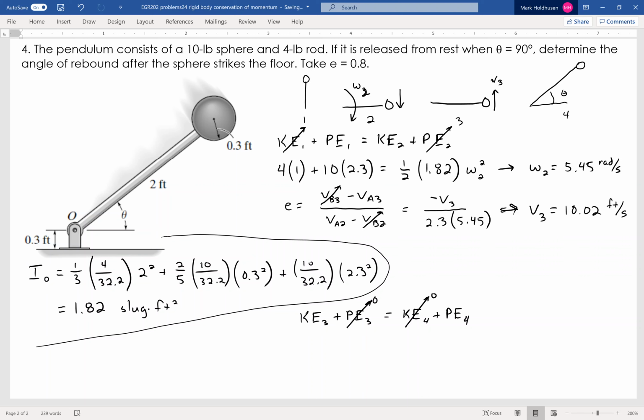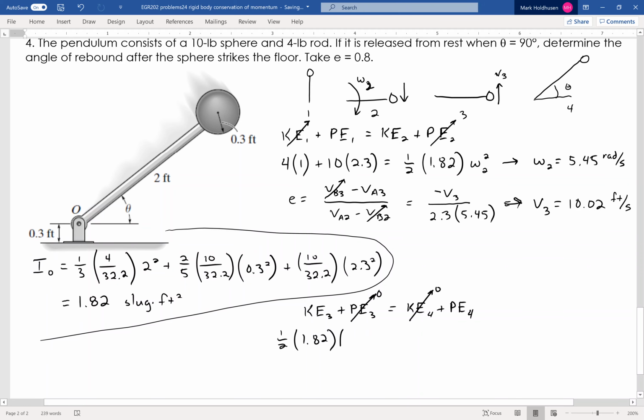So we'll start with KE3, which again is going to be 1/2 I omega squared. So it'll be 1/2 times 1.82. Now omega, again, I have the velocity. I can get it back to omega by dividing by 2.3. So it'll be 10.02 divided by 2.3, squared. Again, this is about O. That's the kinetic energy on the rebound.